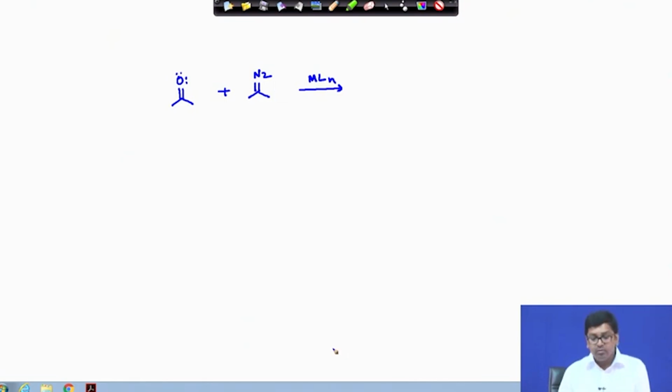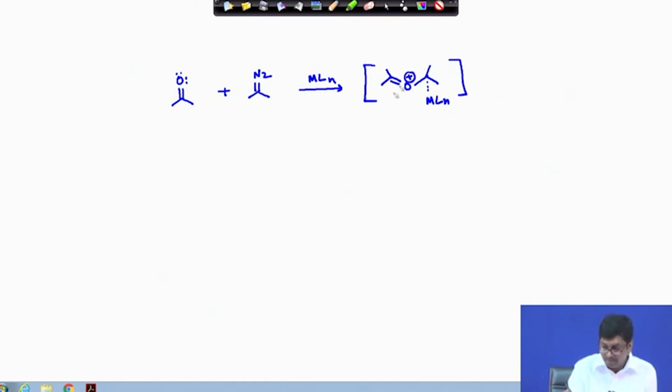Once it generates the carbenoid species, the oxygen from the carbonyl group, which is nucleophilic, can react with the electrophilic center of this carbenoid and give this type of system.